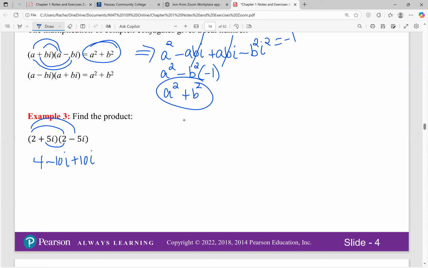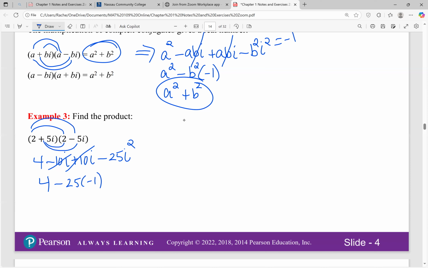So there you go. Your middle terms are going to disappear. And then the last terms, we're going to get negative 5 times 5 is 25 times i squared. So we have 4, middle terms sum to 0, minus 25 times negative 1, because i squared is equal to negative 1.